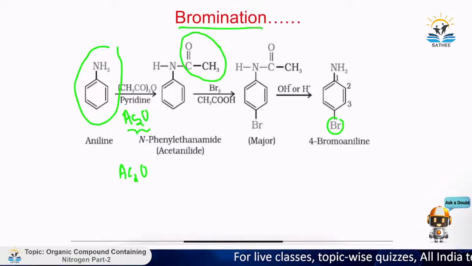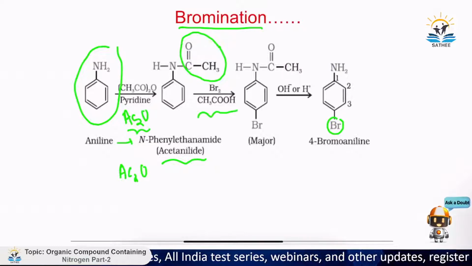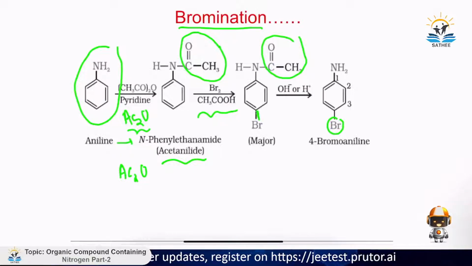Now, if acetanilide is there, when we make it react with bromine in the presence of ethanoic acid, then what will happen? Since this group is ortho para directing, now only one bromine will add on the para position.